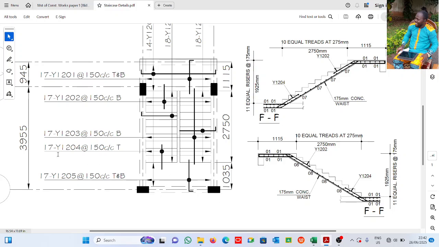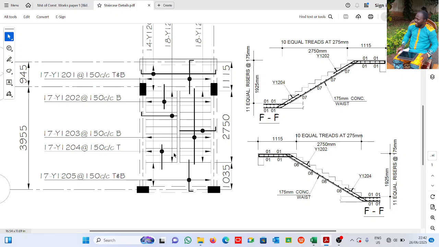Now if I pick this one, 17Y1204, just trace it to where you have the black dot. Bam, see it here. This is the reinforcement it is talking about. And this is the span. From here to here is the span. It means this reinforcement, I'm going to have it all here. 17 numbers.